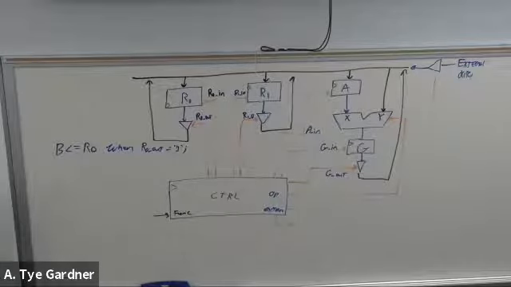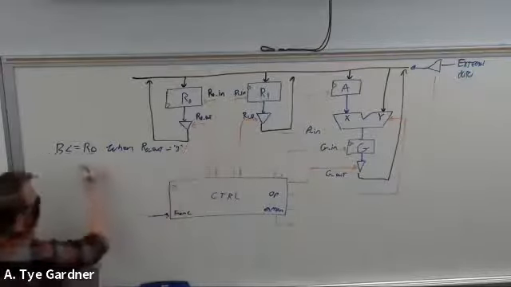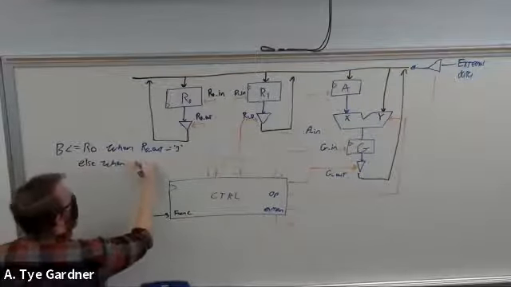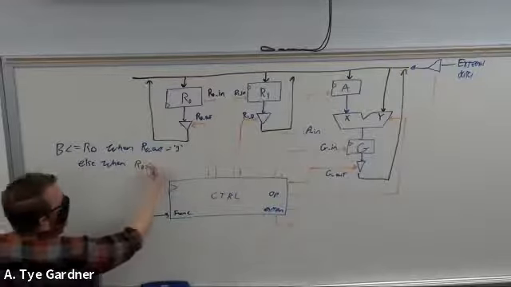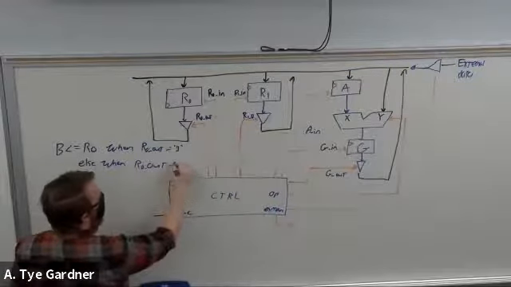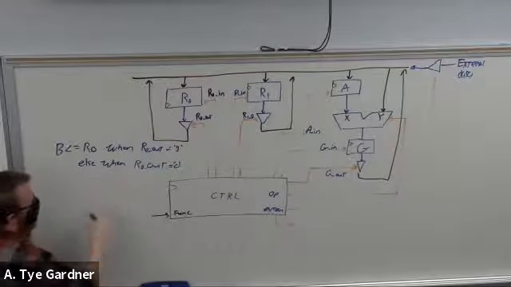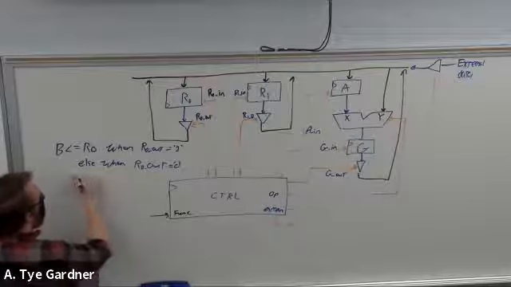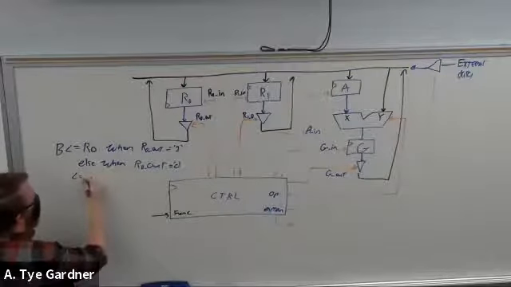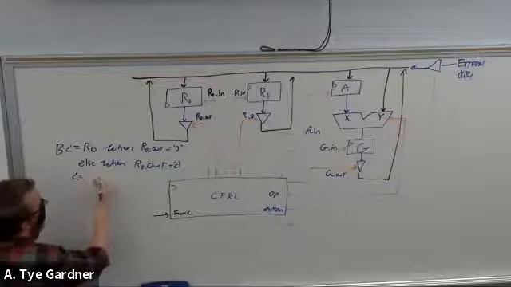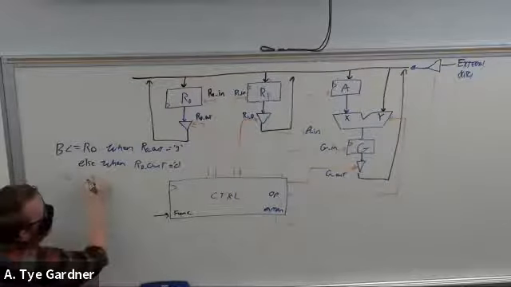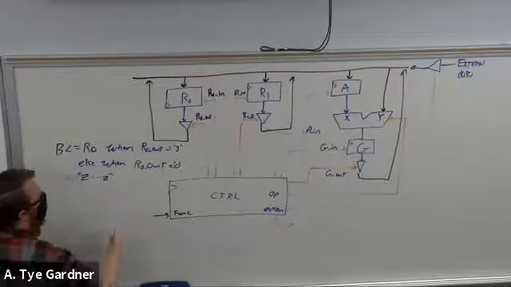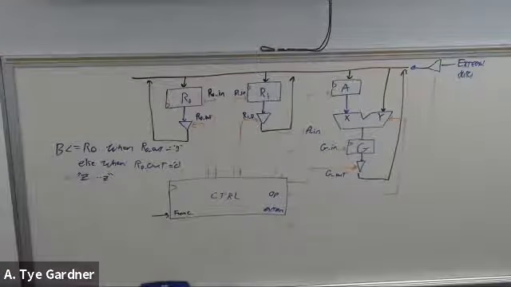I could leave off this R0 out equals 0, and I could just say else, a number of these equal to that.